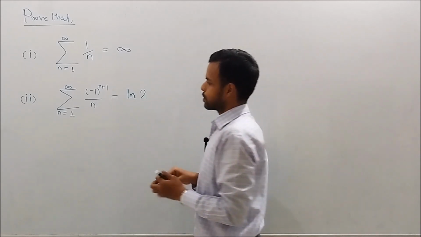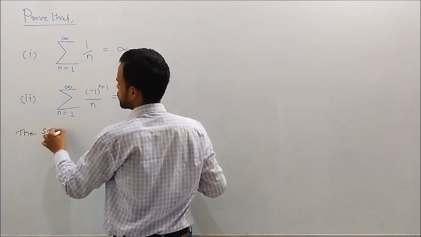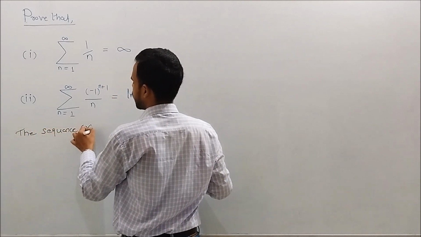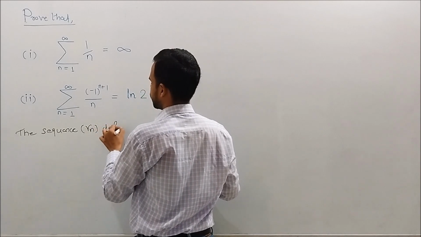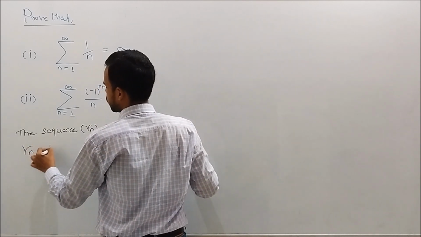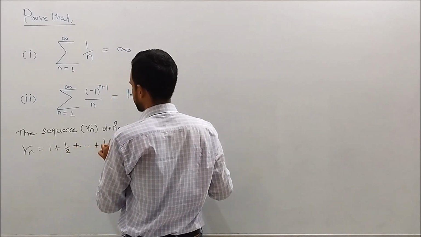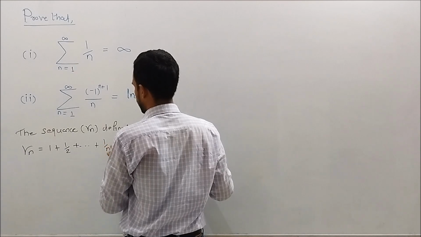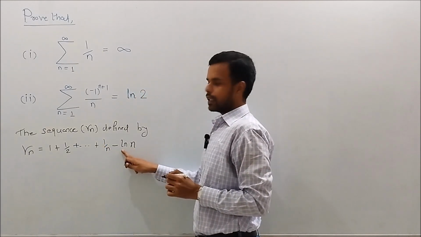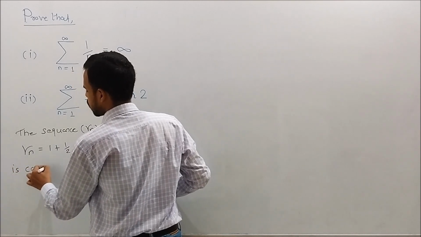To prove this, we will use the convergence of the sequence gamma n defined by gamma n equals 1 plus 1 by 2 plus and so on up to 1 upon n, minus natural log of n, that is log n to the base e, is convergent.